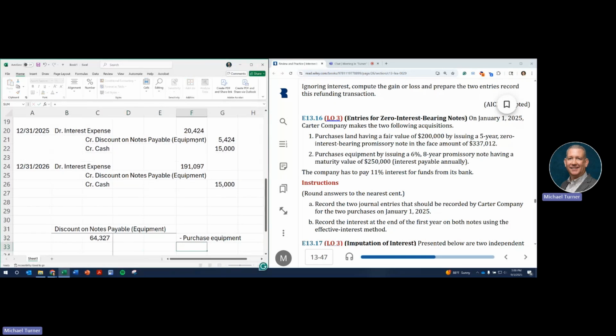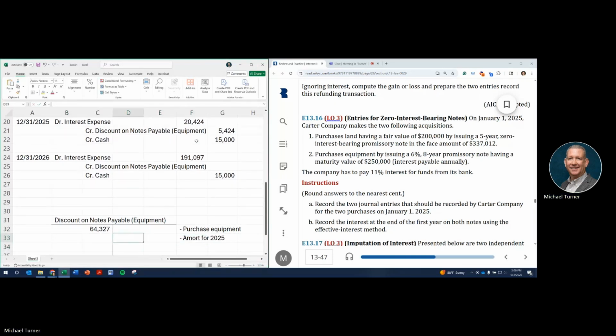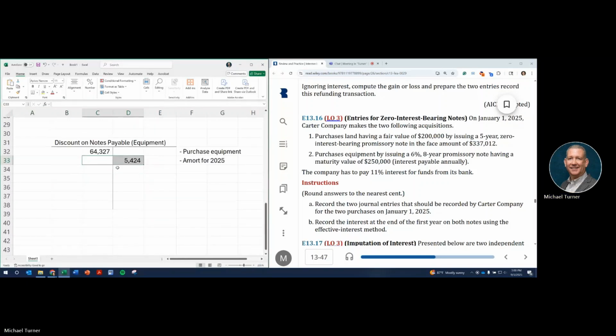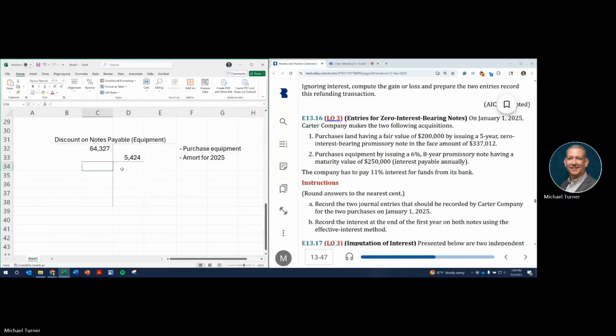And this is the amortization for 2025, and we arrived at that amount of $5,424. Therefore, the balance of the discount on notes payable for the equipment at 12/31/2025 is $58,903.